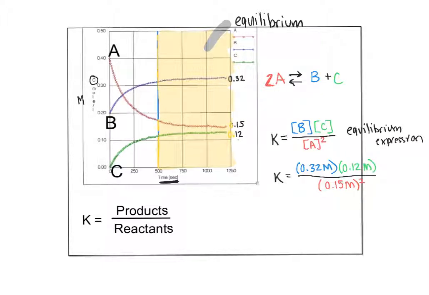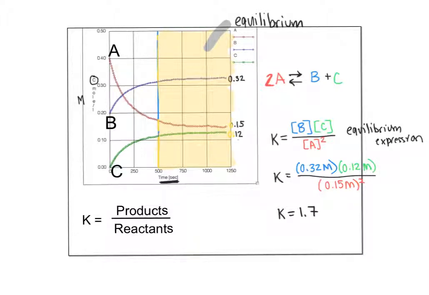When I plug all of this in my calculator, I get K equals 1.7. Okay, so that is my equilibrium expression and my equilibrium value when I plug in.